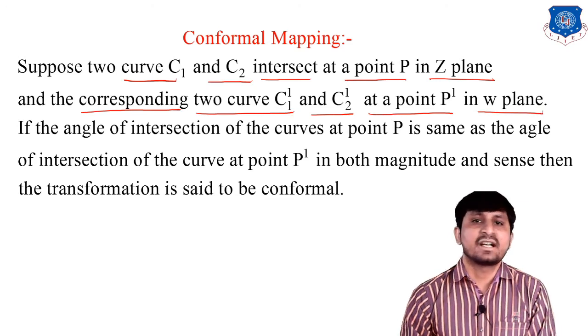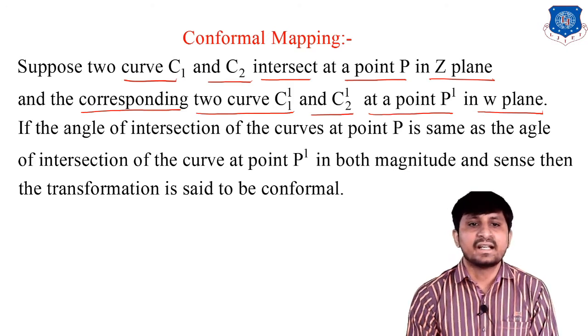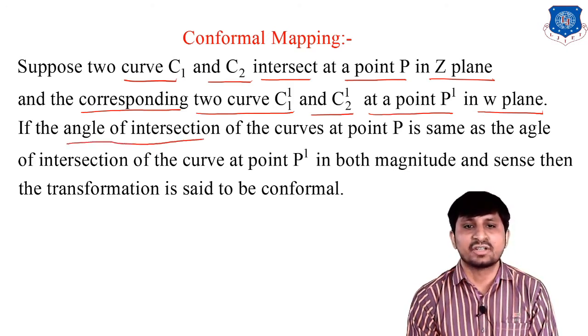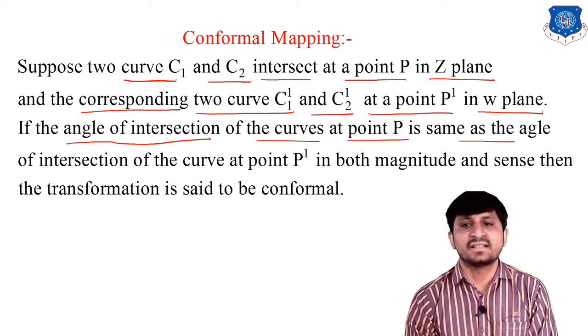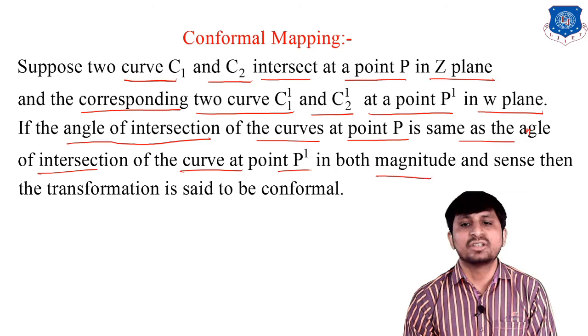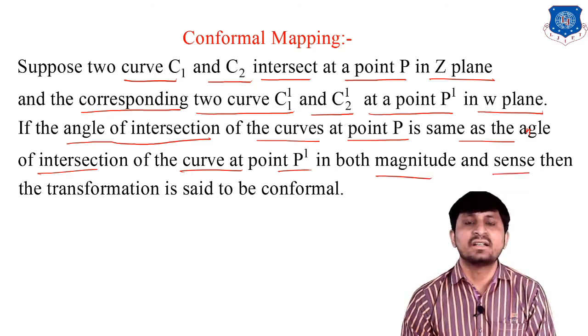So there are two curves C1 and C2 in Z plane, and corresponding to C1 and C2 we have images C1 dash and C2 dash in W plane. If the angle of intersection of the curves at point P is the same as the angle of intersection of the curves at point P dash in both magnitude and sense, then the transformation is said to be conformal.